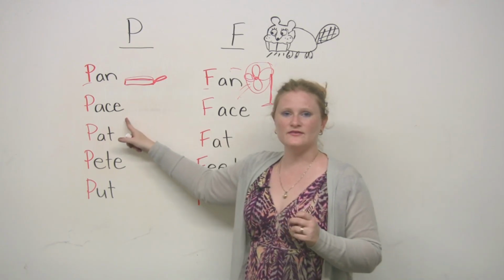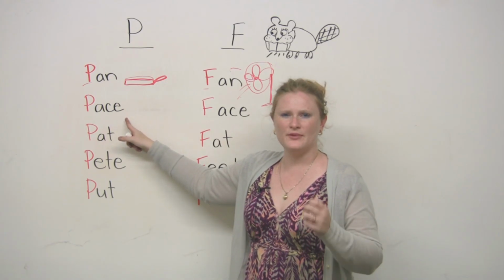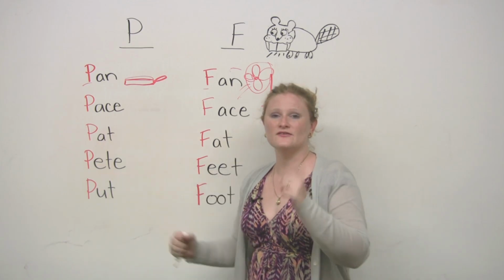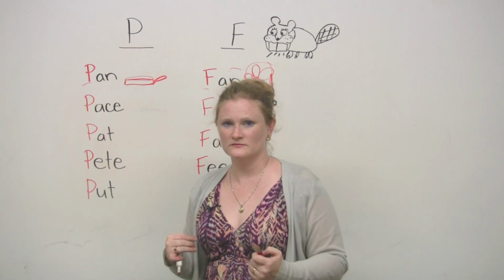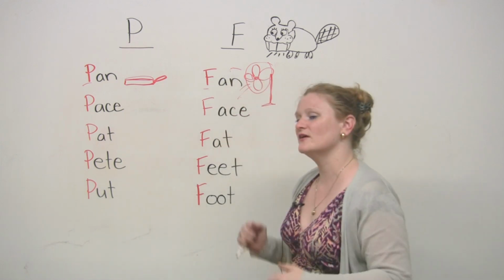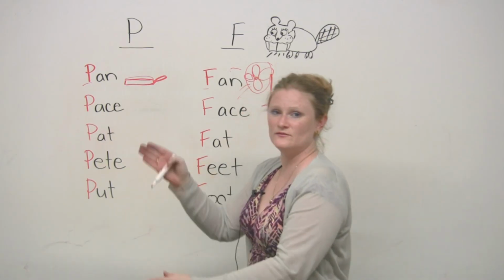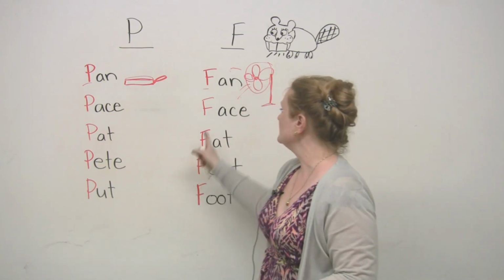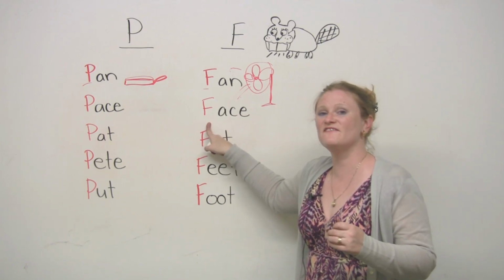The next word we have is pace. Pace means the rate at which you move. For example, if I was a runner, I'm not a runner, I would have to keep a steady pace, so my movement would be timed perfectly. The next word that sounds like this is face.